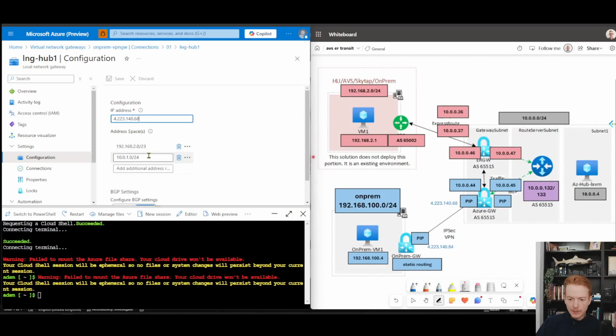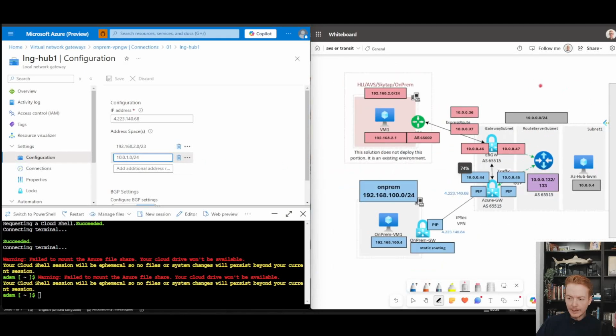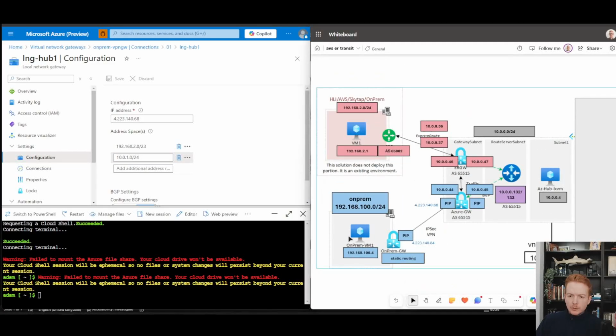And what have we said? Here we said on the remote end, there is the address space 10.0.1.0/24, which is associated to a spoke that's hanging off my hub. So I actually need to update my diagram there to include that VNet that's hanging off the hub.